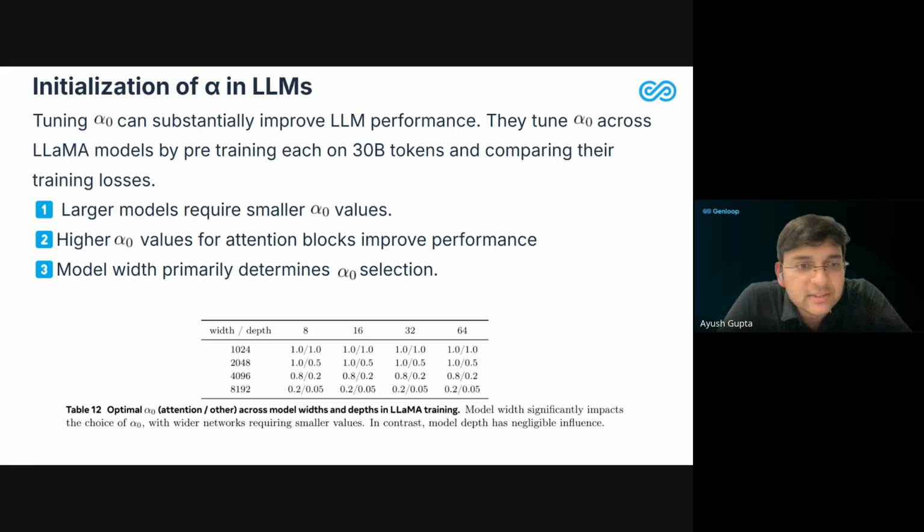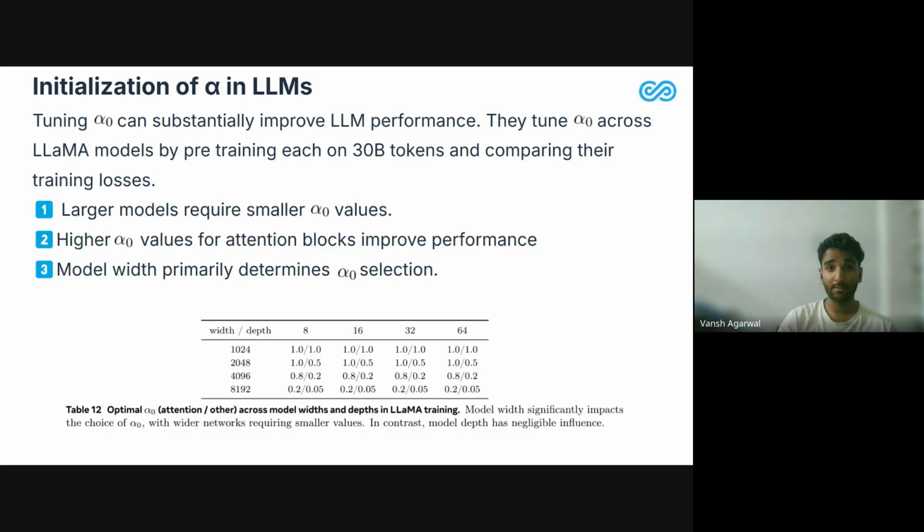Do they also suggest why attention blocks require higher alpha naught? As far as I remember, and as far as I can see from the paper right now, there's no specific reason for this. This is just experimental data.